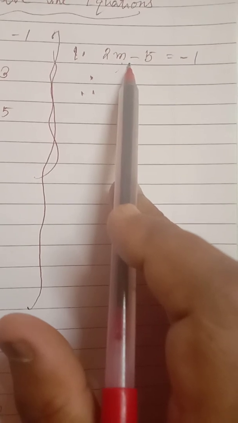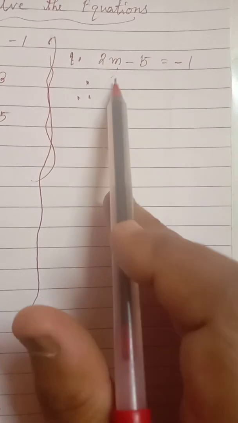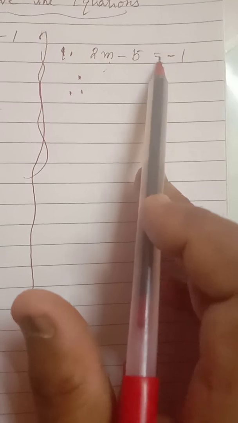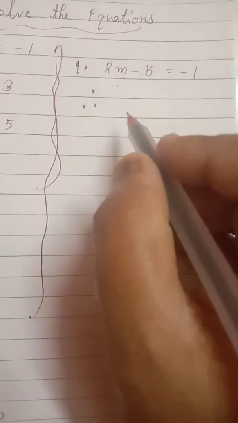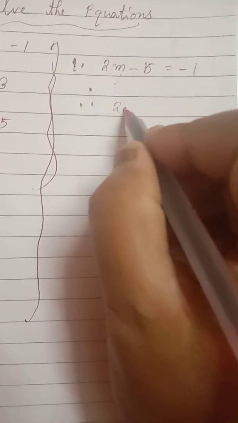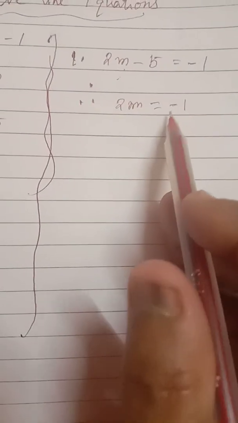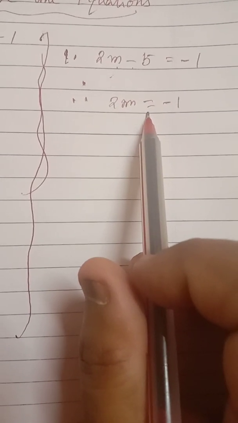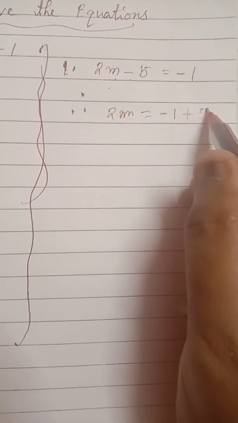The part with the variable we always write on the left side of the equal sign, and all the rest of the numbers we always bring to the right side of the equal sign. So apply this rule. We write 2m equal to minus 1, already on the right side. So write first minus 1, and this minus 5, when it crosses the equal sign, always changes its sign. So minus 5 comes over here as plus 5.